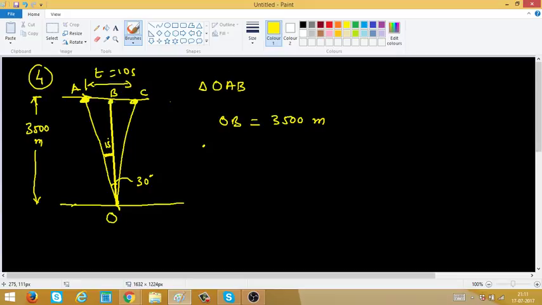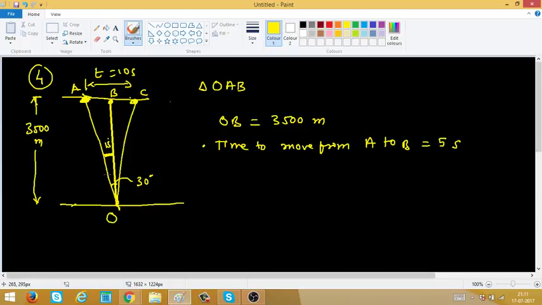This is 500 meter, and the time taken to move from here to here is, if this is 5 seconds, the time taken to move from here is 5 seconds. So time to move from A to B equal to 5 seconds.